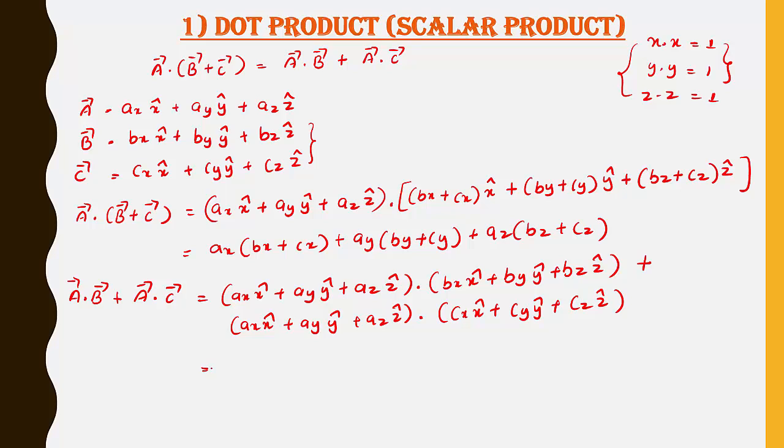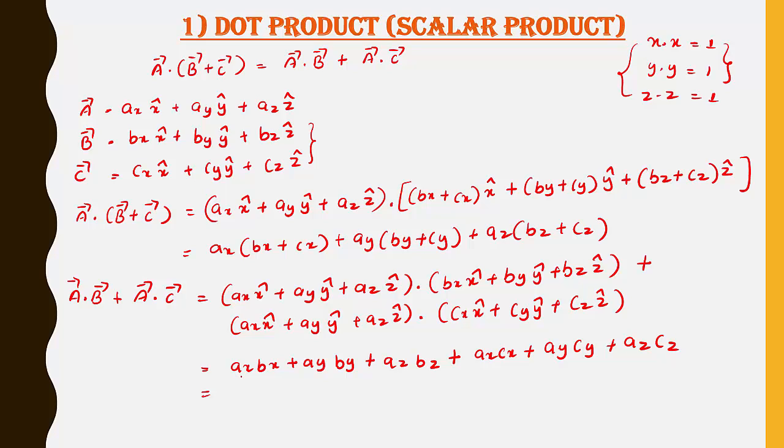Now let us multiply these values: Ax into Bx plus Ay into By plus Az into Bz, plus for the next term let us multiply Ax into Cx plus Ay into Cy plus Az into Cz.